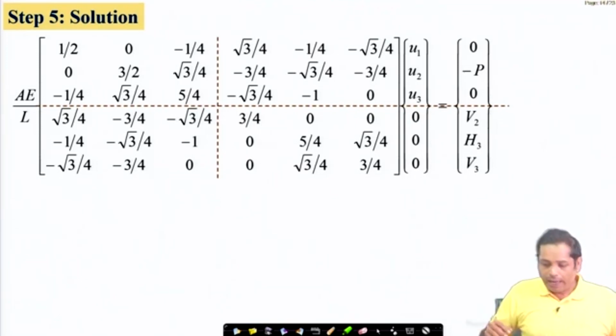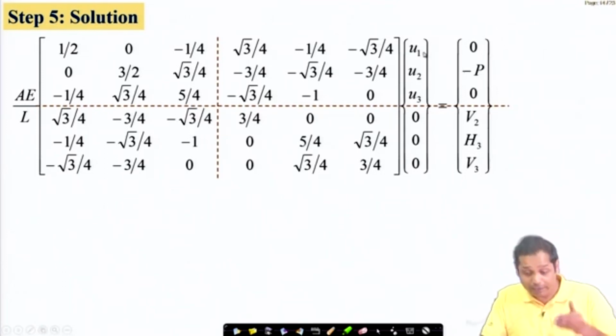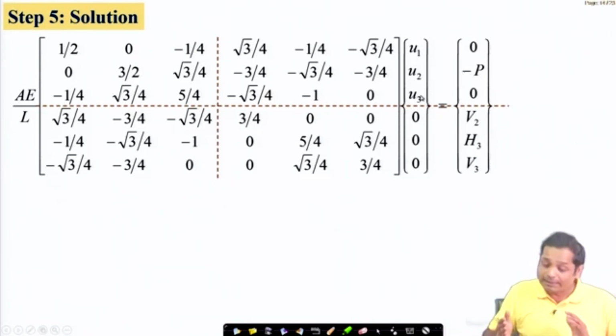In order to do that, we have to do some partitioning of the matrix. Here our life is easy because all the unknown displacements U1, U2, U3 are on one side and all the unknown forces are on the other side. But for some other problem, because of the numbering, if we do not have the known displacements together like we have here, then we have to do some condensation and separate it out.